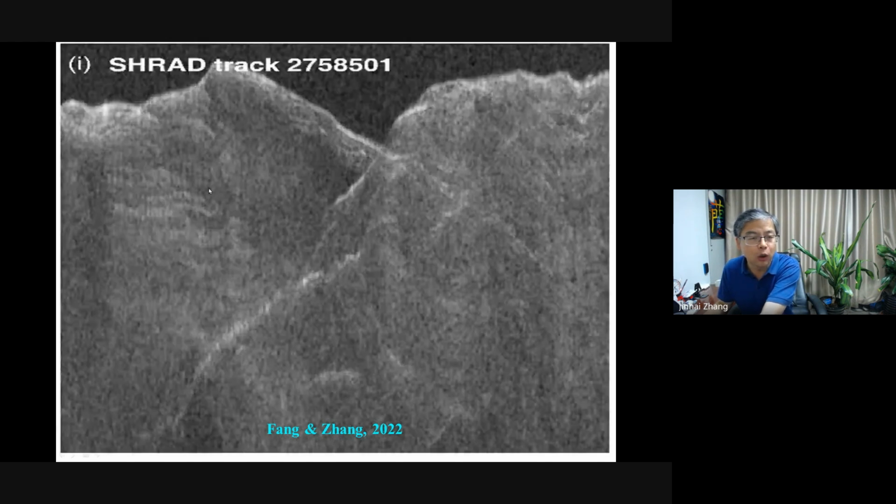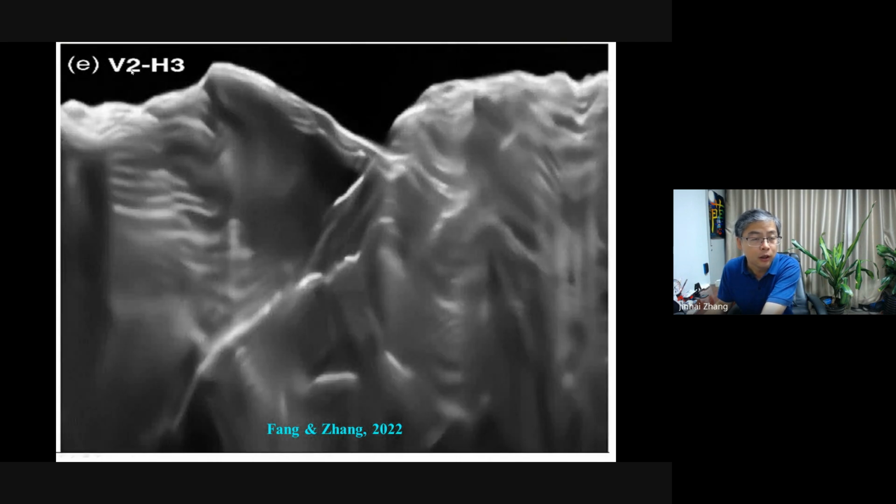However, after processing, using a combination of two vertical pixels together with the horizontal 3 pixels, we can clearly show the main structures. That means we can see 1, 2, 3, 4 or 5 reflectors. Also, we can see there are no reflectors here and here.